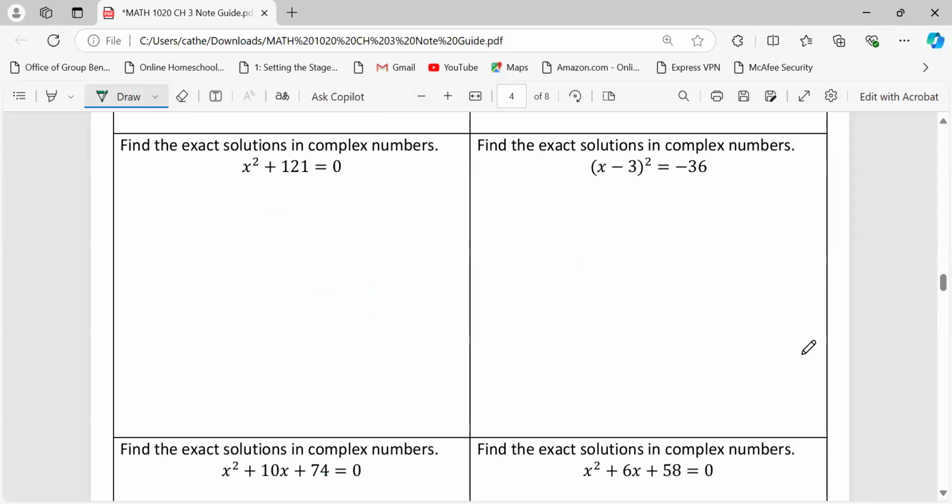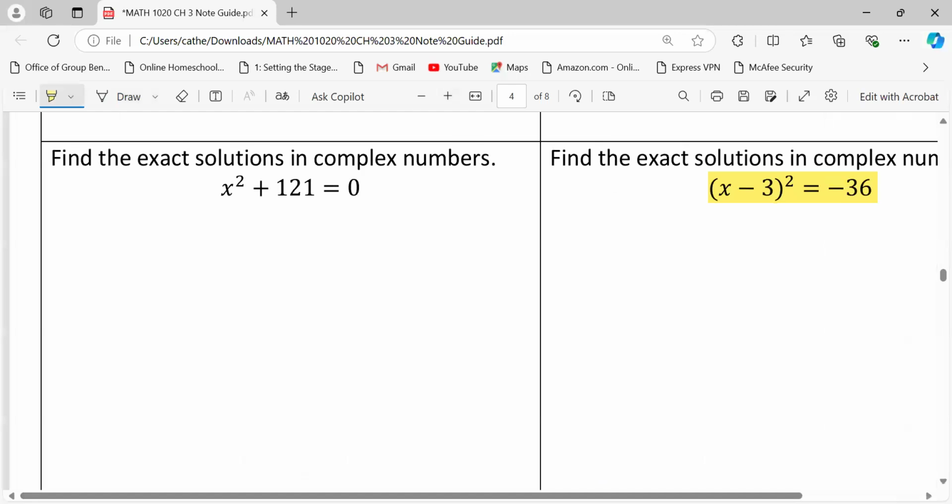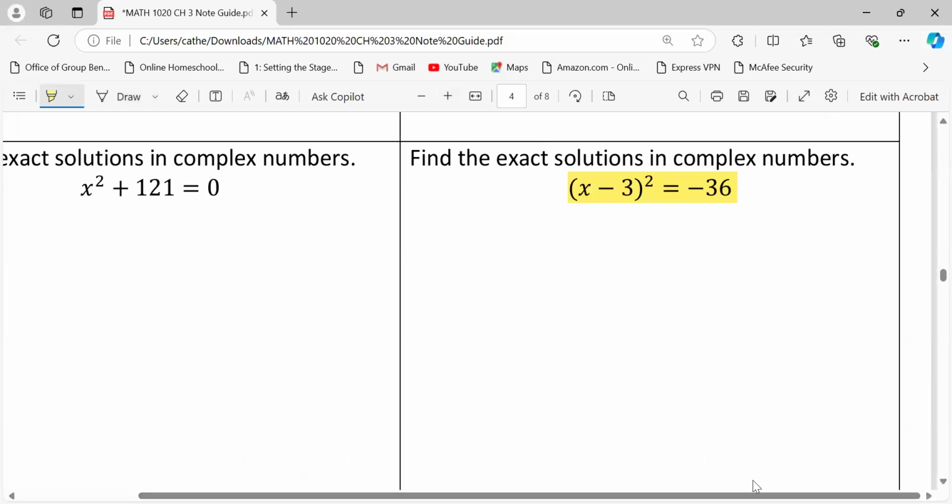You may want to pause this if you're writing it down. The only thing that's going to be odd is this one. So let's look at that before I flip over to the calculator and put these in. Now the other three are set to 0.